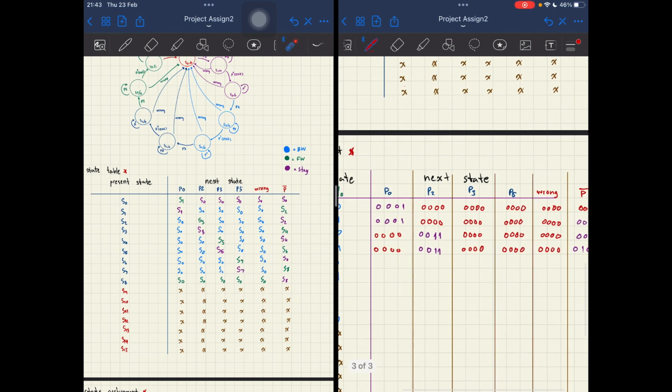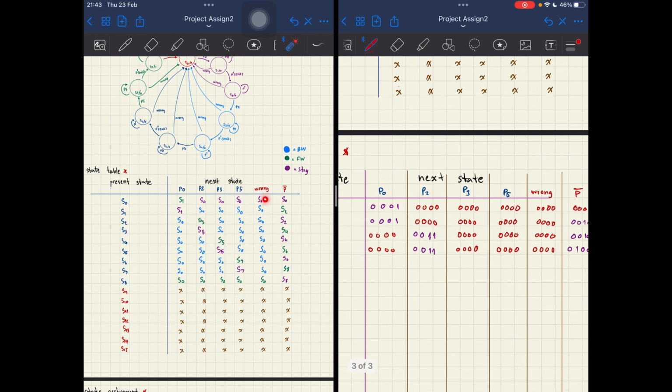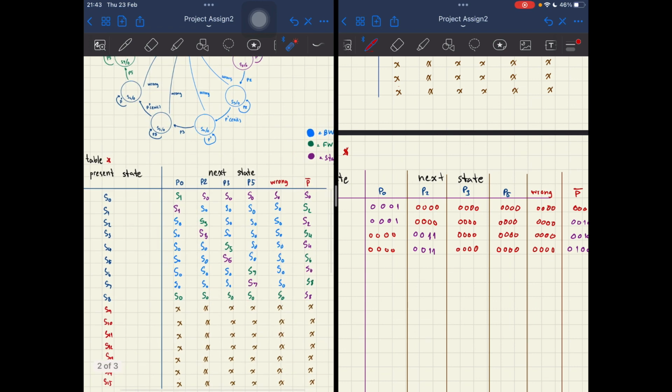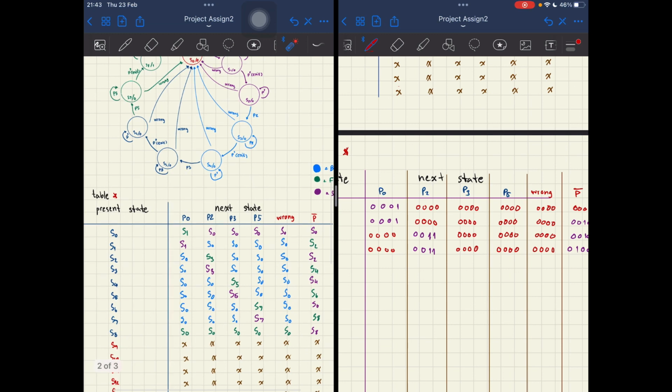We can see that at the wrong case here, if you did the wrong case, you will go back to state 0, right?